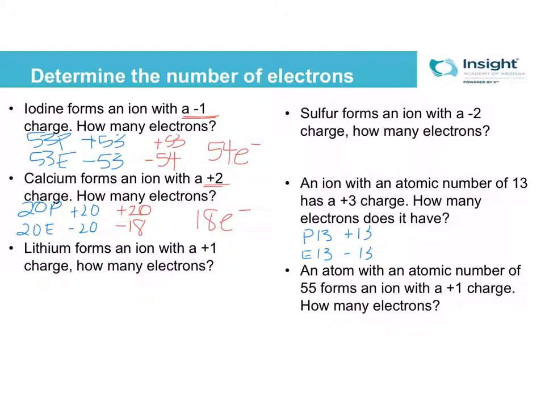Now, to become an ion with a positive 3 charge, that means I need to still have my positive 13 protons, but how many electrons should I have? Do I want to lose 3 of them and make it 10? Or do I want to gain 3 and make it 16? All right, which negative value added to 13 is going to give me positive 3?